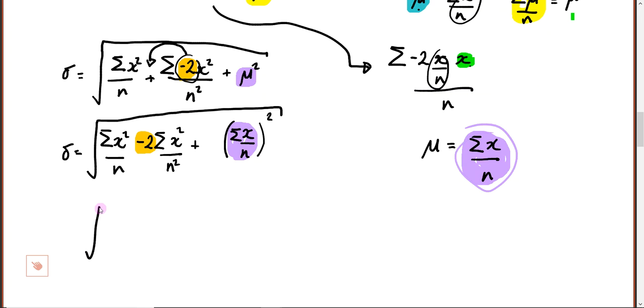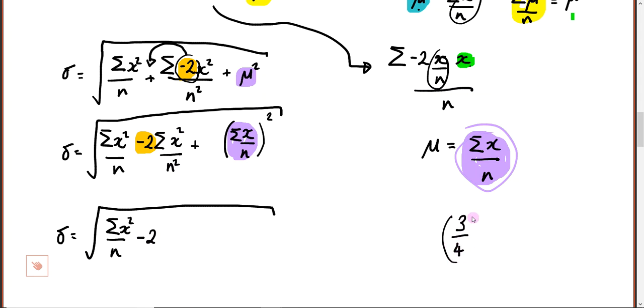So then the final thing, which is where we get to the formula that you'll need to use, is that we've got our sum of x squared over n. Now, just like you've done before, 3 over 4 all squared is the same as, using your laws of indices, 3 squared over 4 squared.